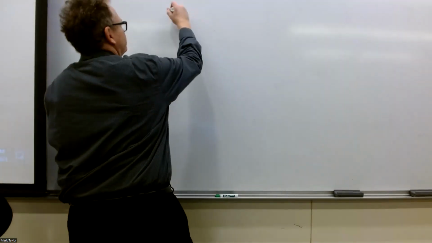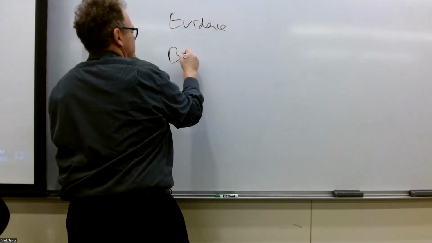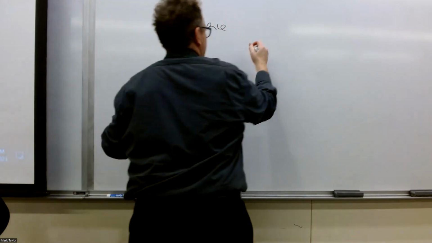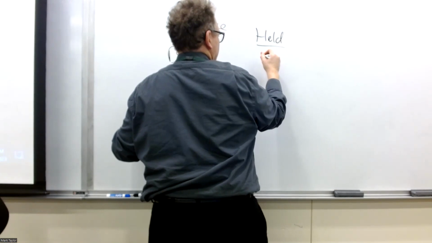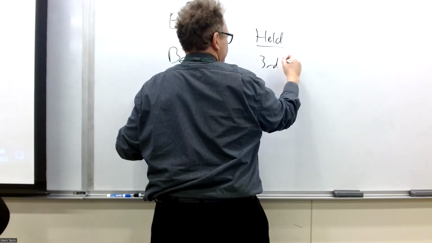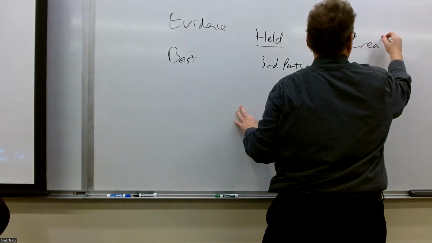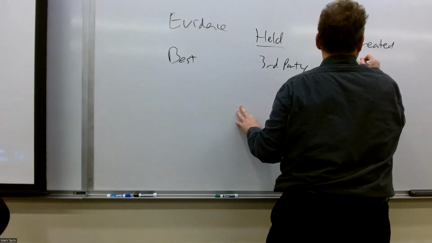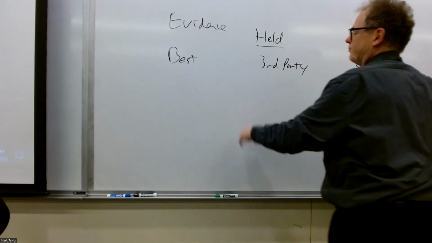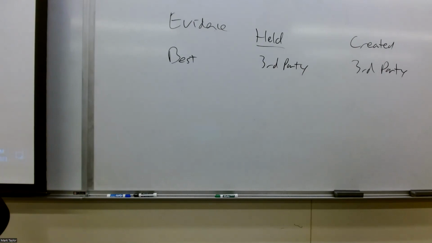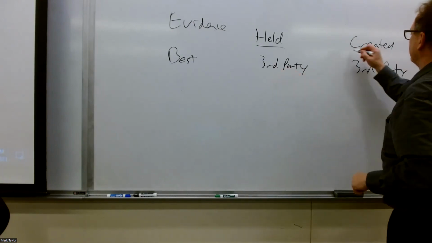Our best evidence is when it is held by a third party and created by a third party. So it's not the client, it's some third party, and it's created by the third party.